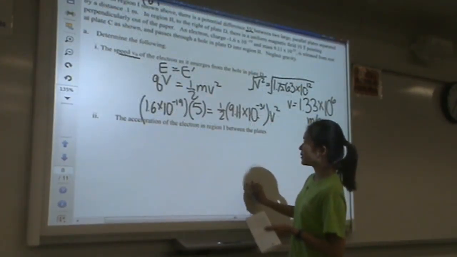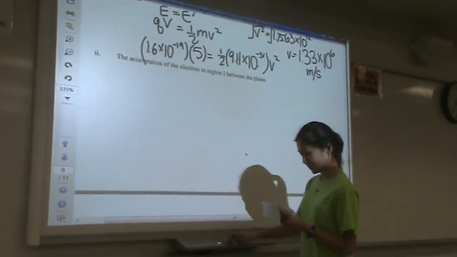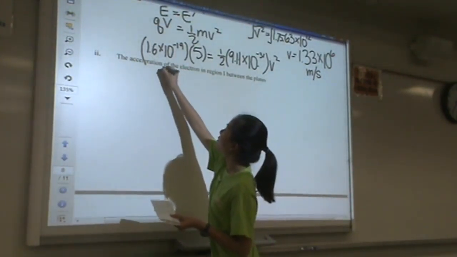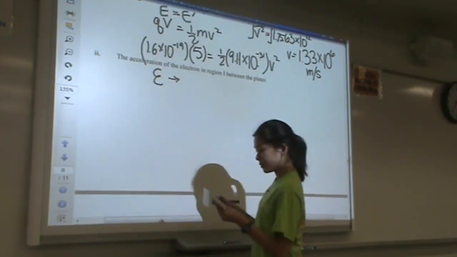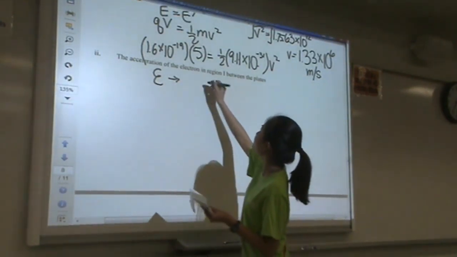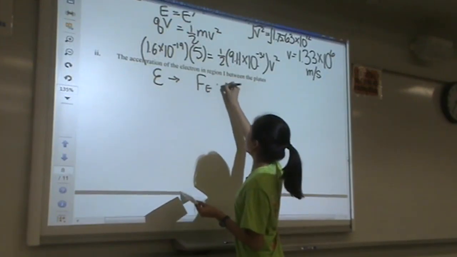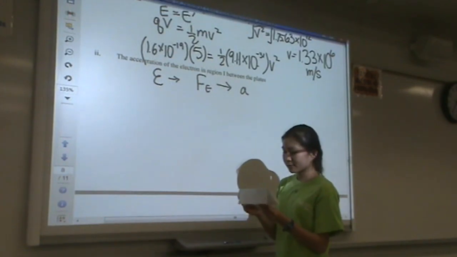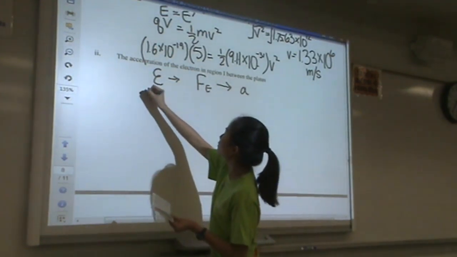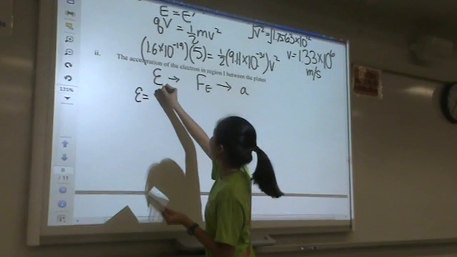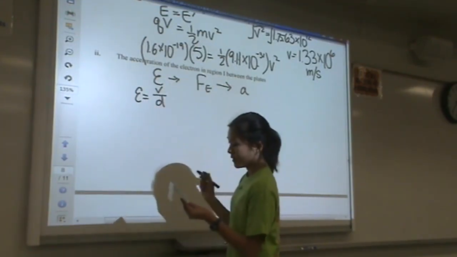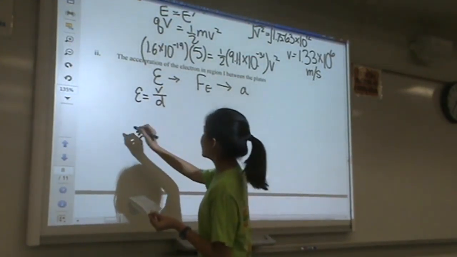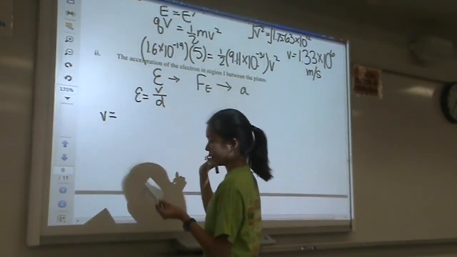Okay, so this problem is a 3-part problem. First we need to find the electric field, E, and that translates into electric force, F of E, and then we use that to find the acceleration A. First of all, when we want to find the electric field, we use the formula E equals V over D. Since we've all probably forgotten it, this formula is derived from electric potential and electric field.